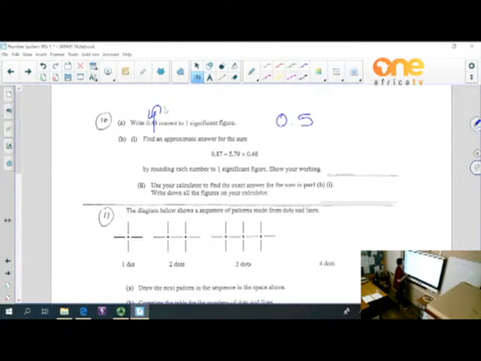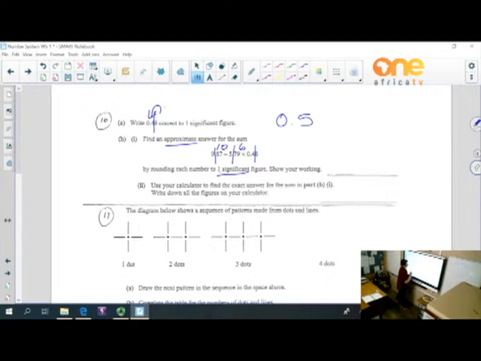Find an approximate answer by rounding each correct to one significant figure. It's like the question we had just now. So one significant figure will make this one 10. One significant figure will make this one 6. Now look at this one.